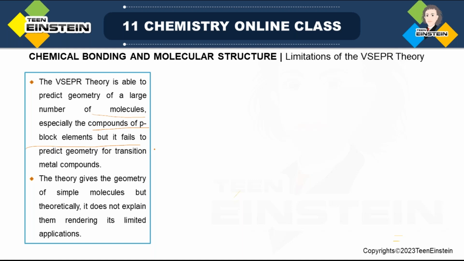How to decide the structure for d block will be discussed in the corresponding chapter, which is solely for d block elements, a separate chapter. But remember, it is mostly successful for p block elements. Then the theory gives the geometry of simple molecules, but theoretically does not explain them, rendering its limited applications.